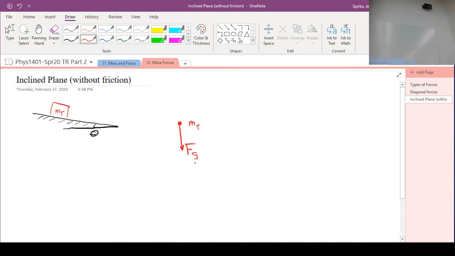But now, when I go to say that the mass is touching the slope, and I need a normal force, I have to remember that the normal force is tilted. Not much, just a little bit, because we drew a gentle slope. So when I draw my normal force here, I'm going to draw it at a little bit of a tilt. F normal.